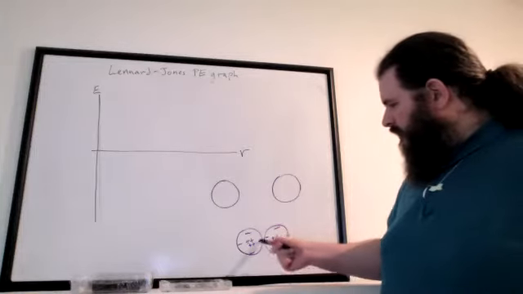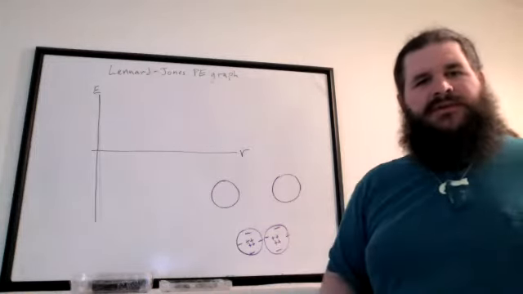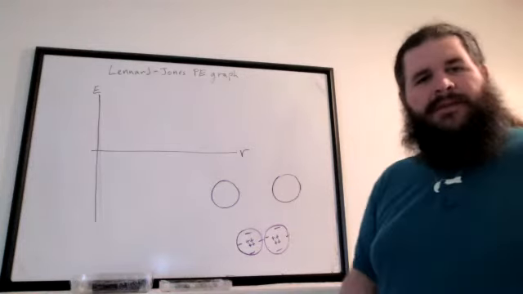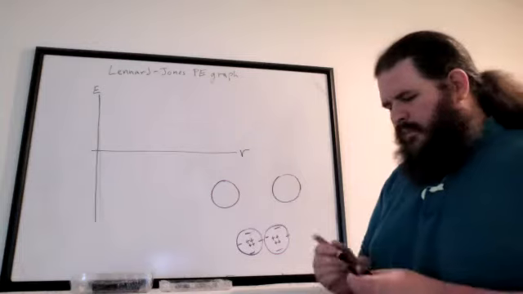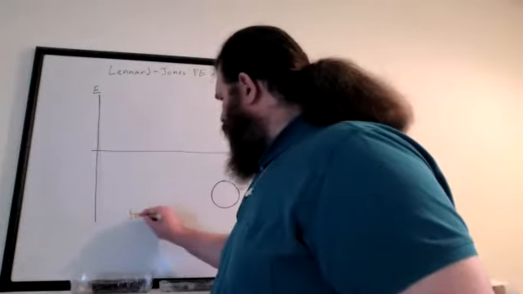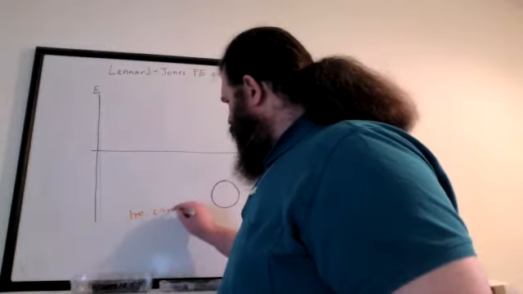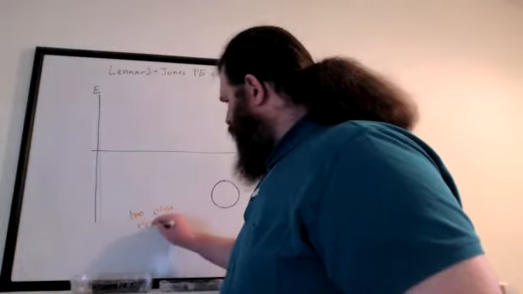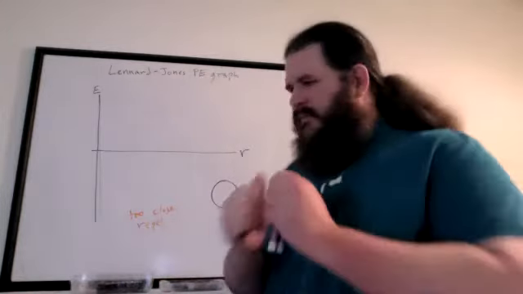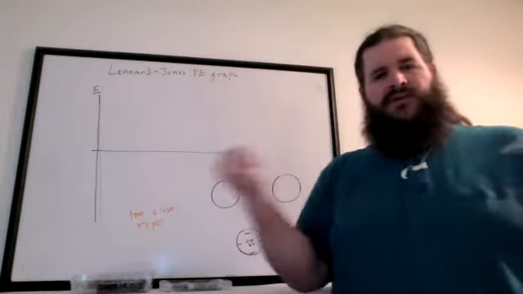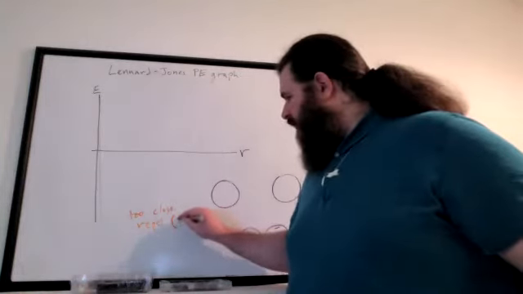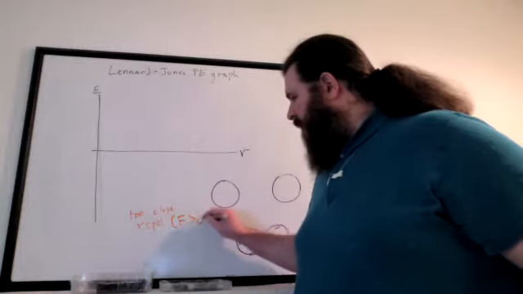If they get too close, the electron shells starting to overlap is really what's going to be driving this repulsive force. So if they're too close, they repel, which means the force counts as positive, a positive force causing them to increase the distance.